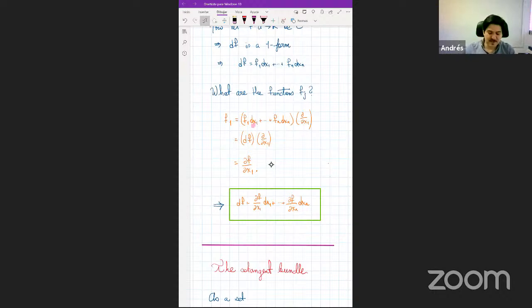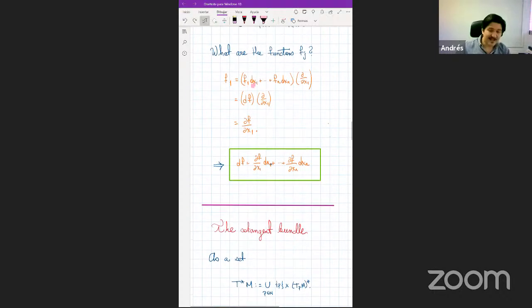Now, let's describe the cotangent bundle. Remember that we have seen the tangent bundle, and now we will construct the cotangent bundle. And we follow the same lines and the same arguments that we did for the tangent bundle.